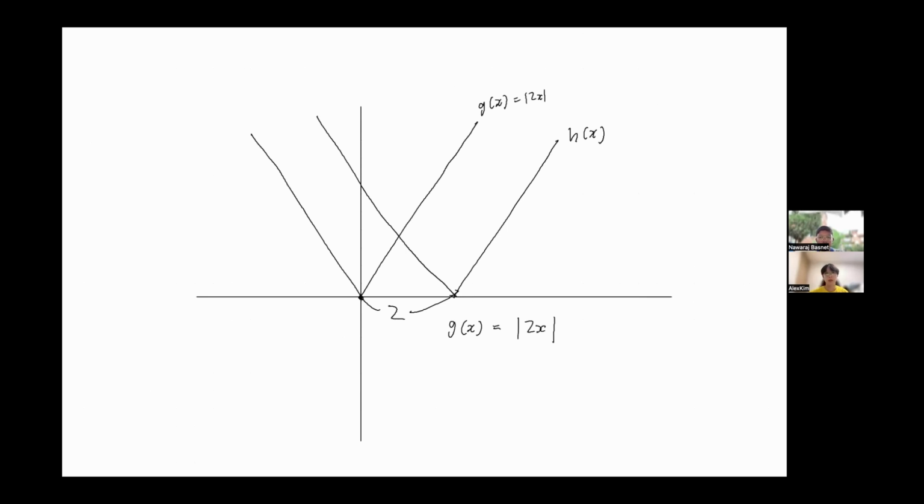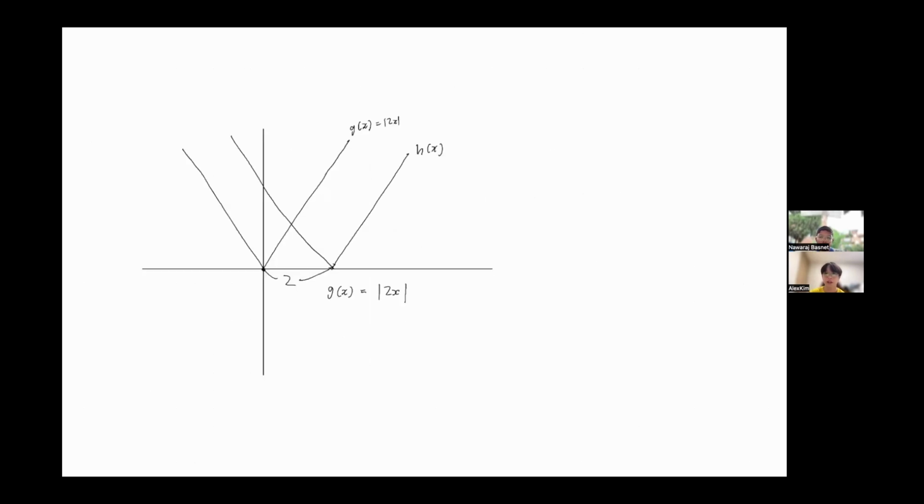So the important thing about this question is that it's asking the concept of moving a certain graph in the x and y axes.